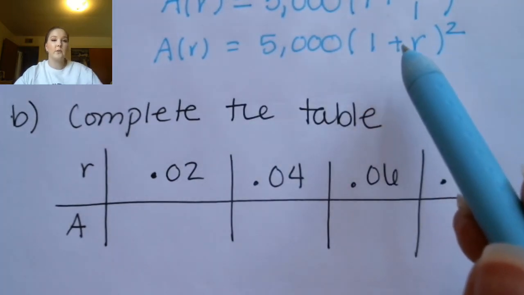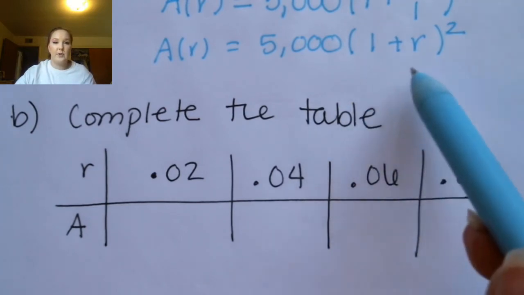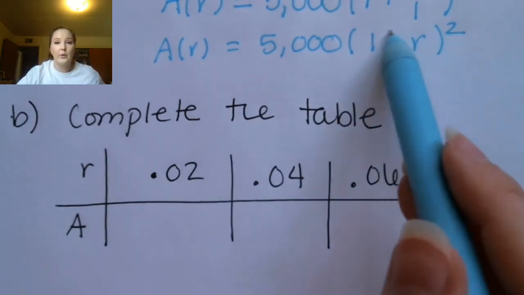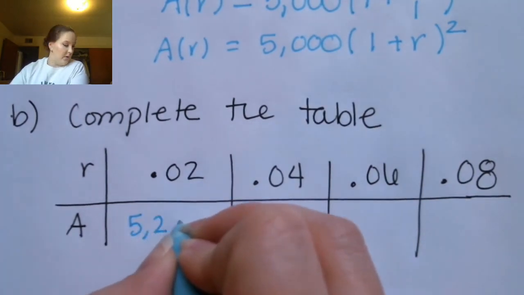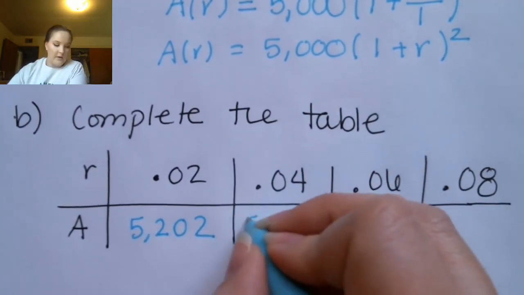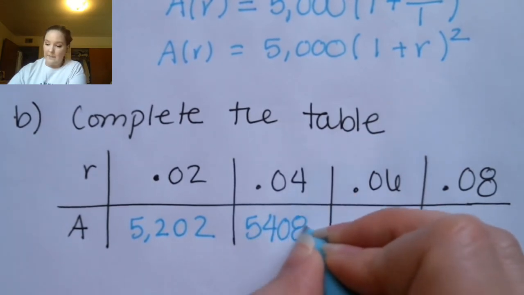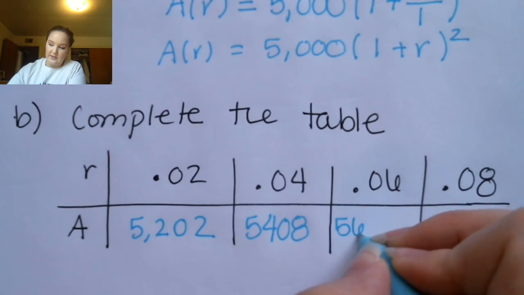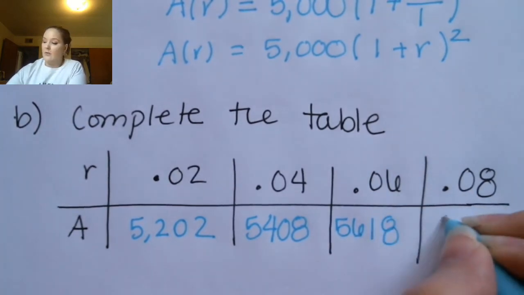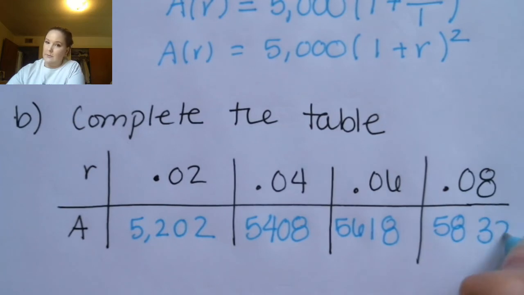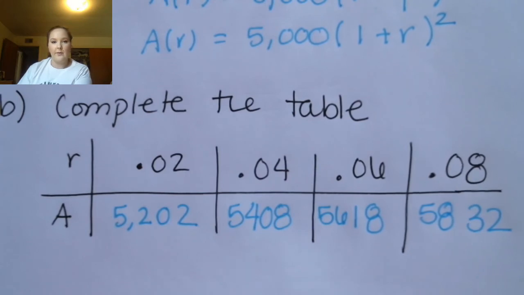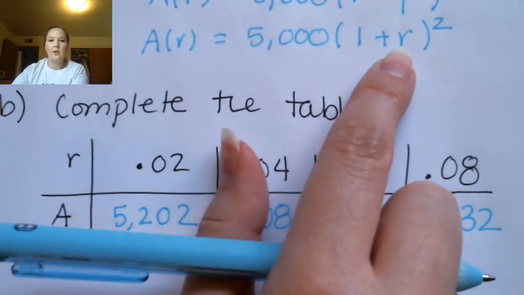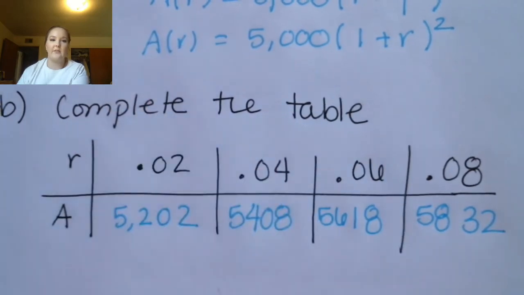So for 0.02, for example, we'd have 1.02 squared times 5,000, so here we're going to get 5,202, 5,408, 5,618, 5,832. All right, so that's just giving you values for R. You plug it into your equation and find A of R.